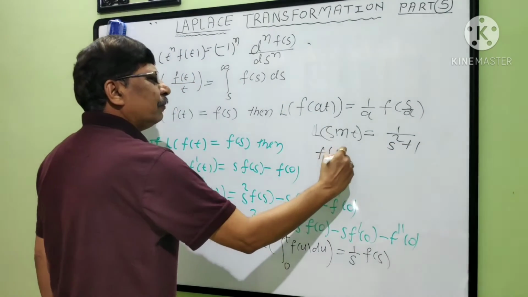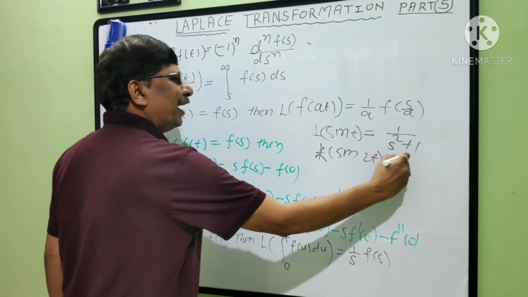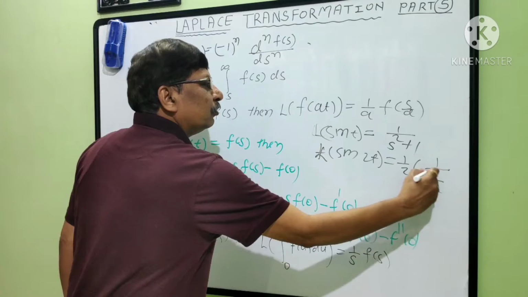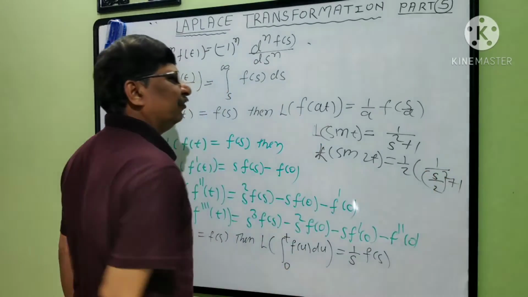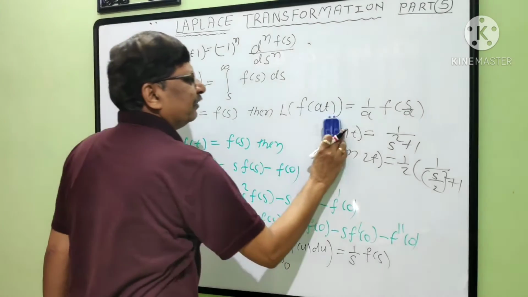From that you can find the Laplace transformation of sin 2t. 2t means 1 by 2, and replace s by s by 2, whole square plus 1, like this. Okay, this is the third result.